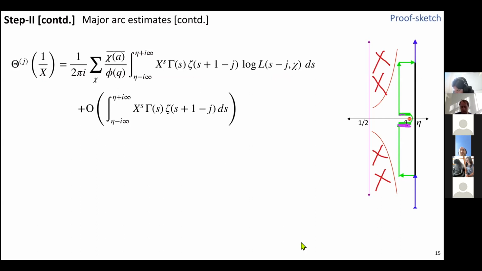This part will give you the main term, and the estimates for the integral along these green lines, blue lines, all will go into the error term. That's my claim over here.